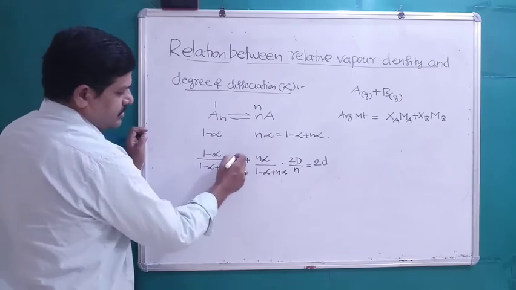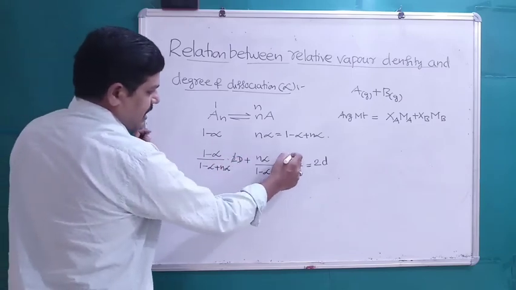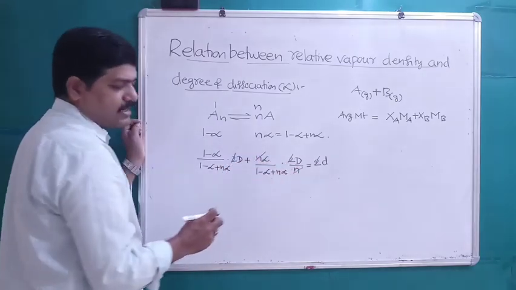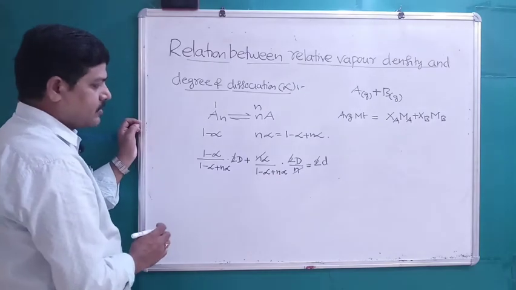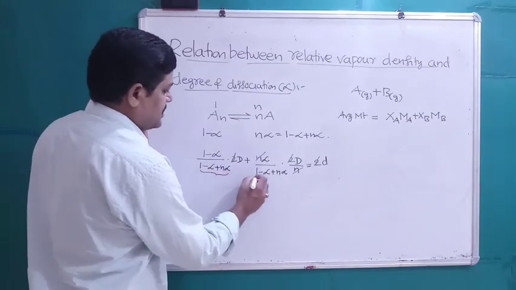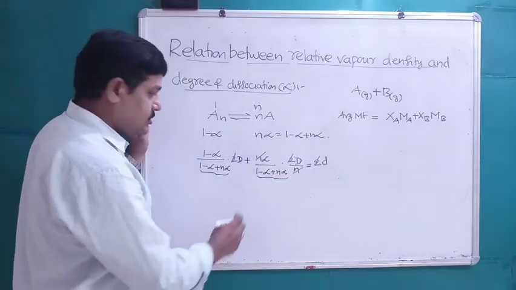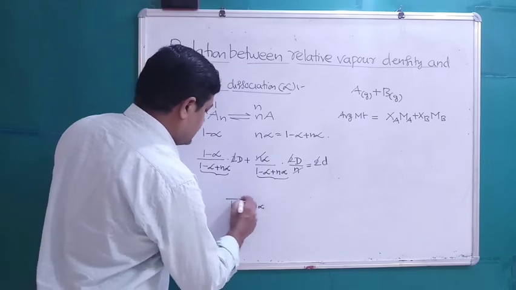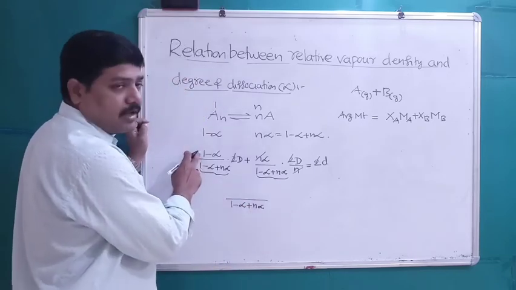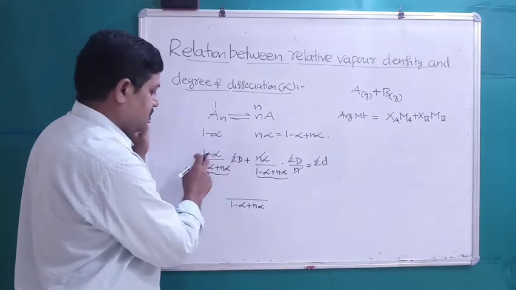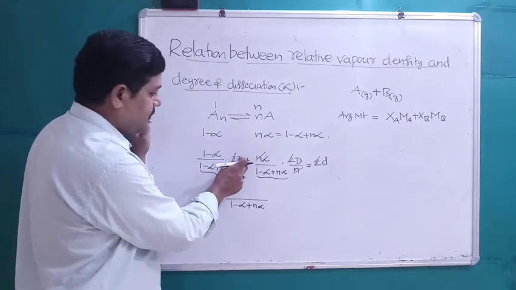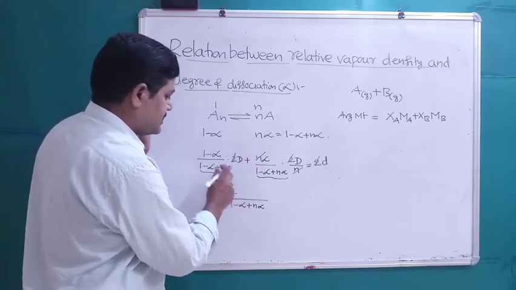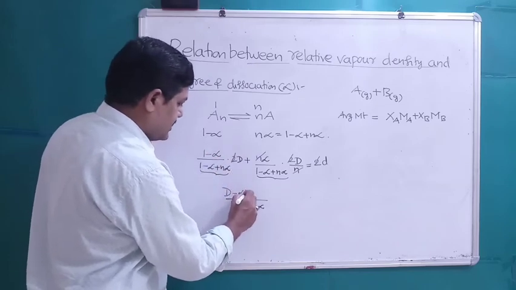In these terms, 2 is common, so 2 will get cancelled. So n will get cancelled, right? Students, for both the fractions the denominator is the same, so the LCM will be 1 minus alpha plus n alpha. Then in the numerator we will get 1 minus alpha into D. So this 1 minus alpha we can multiply with the D. So D into 1 is D, minus into plus is minus, alpha into D is alpha D, right?